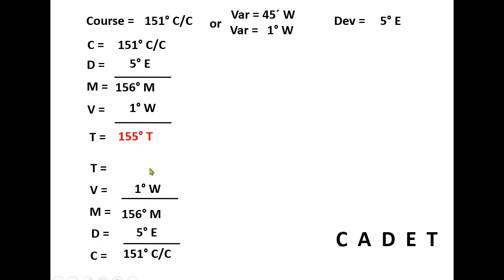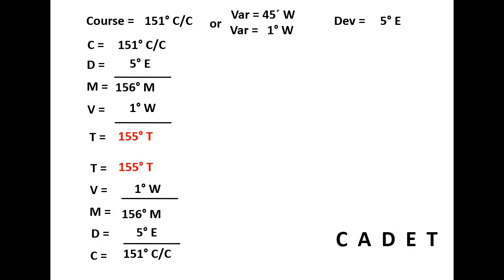Now we have two givens, so we can solve this one. 156 minus 1 because this is west, from compass to true, so 155. So the same answer. But our aim is to solve the compass error.